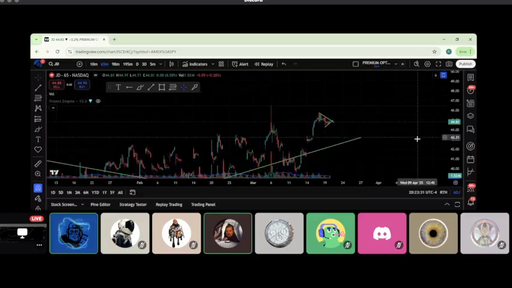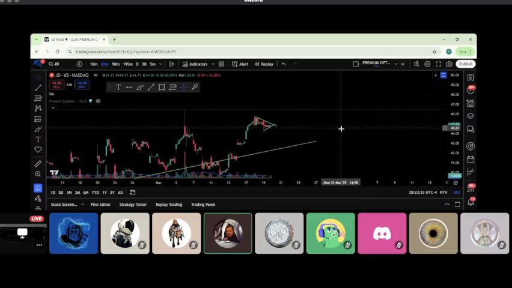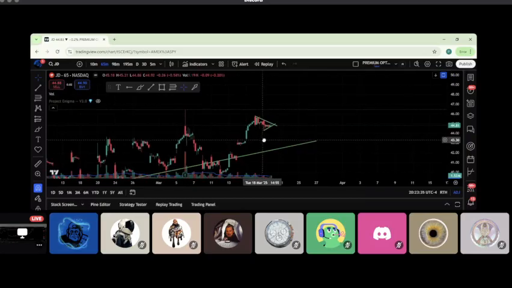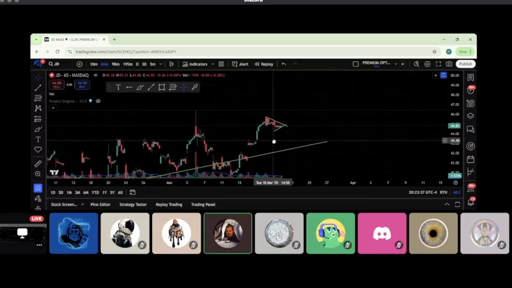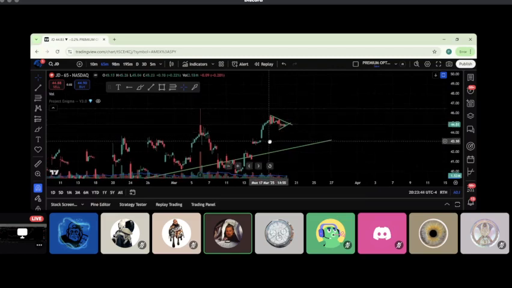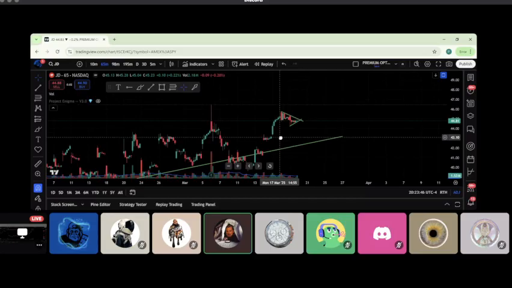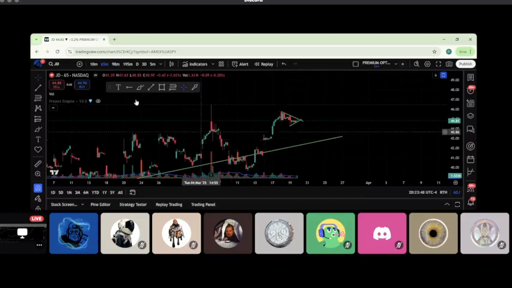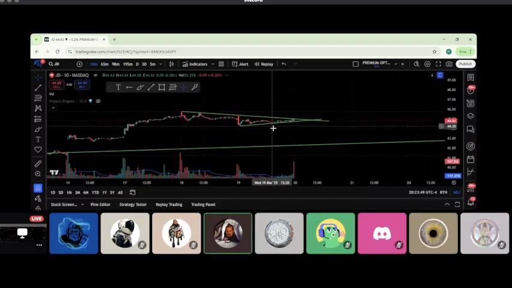I really like the setup going into close yesterday, because it had the same setup it had at the end of the day today, where it was squeezing and looked like it could break above. So it really is going to be completely determined by how we open up tomorrow.